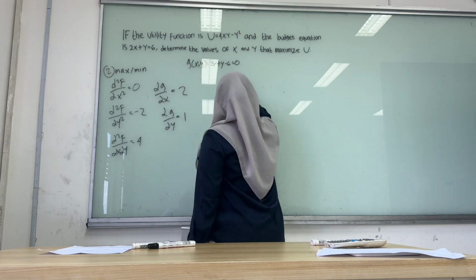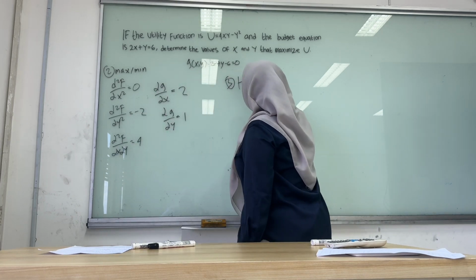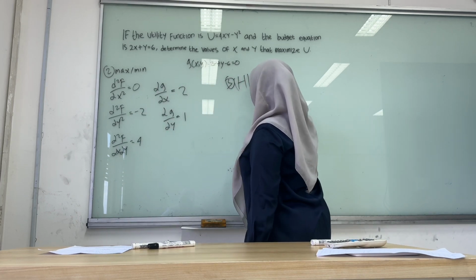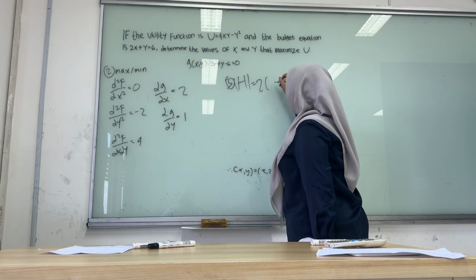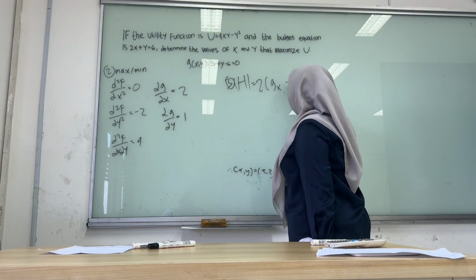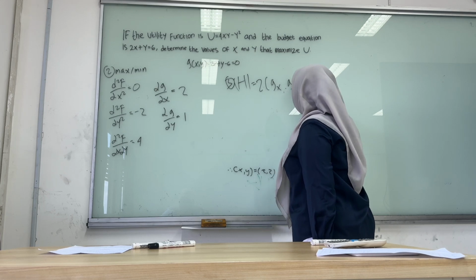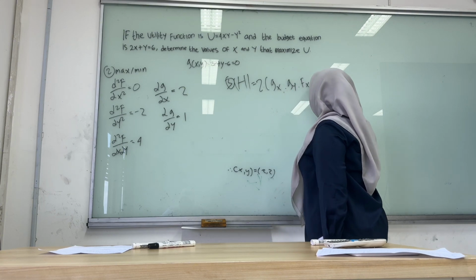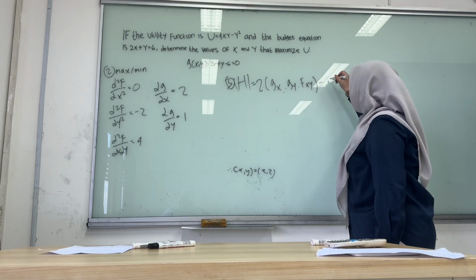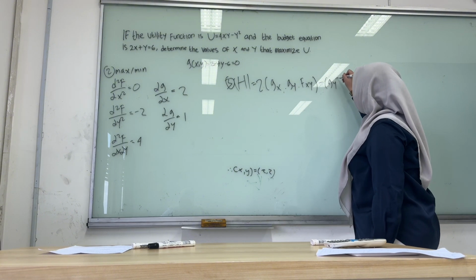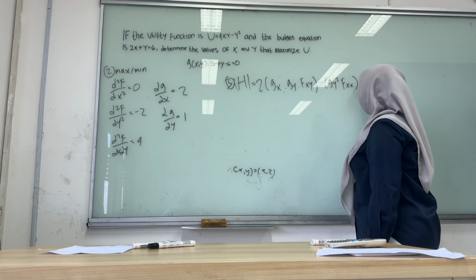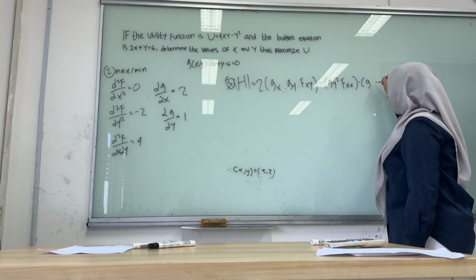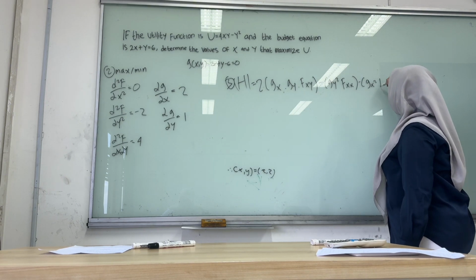So the third is Hessian determinant. The formula is 2 gx gy fxy minus gy quadrat times fxx minus gx quadrat fxy.